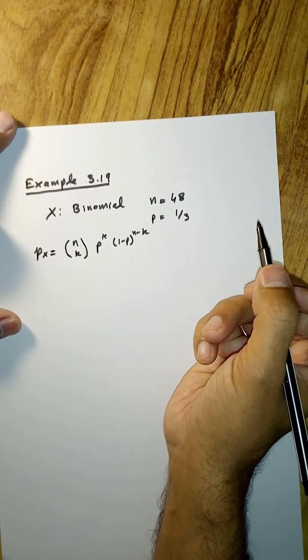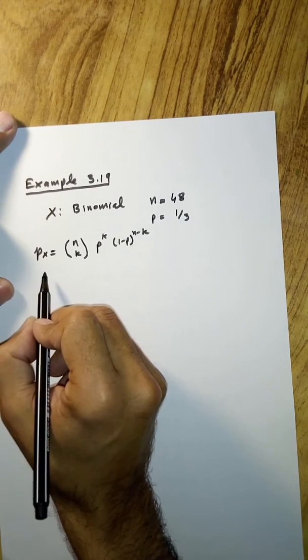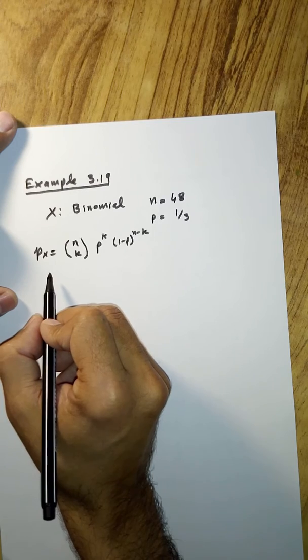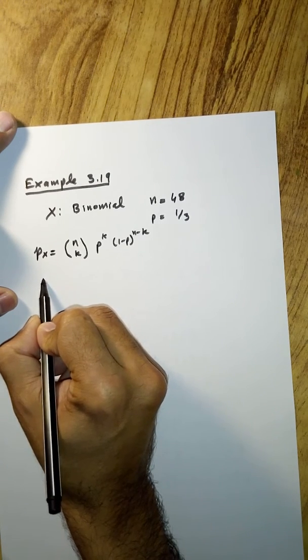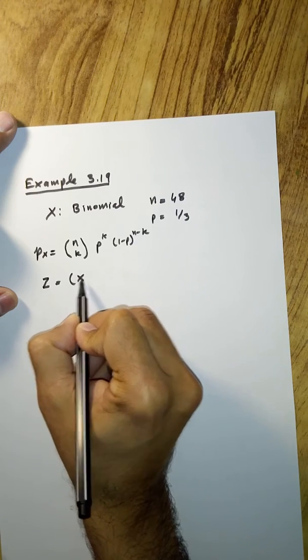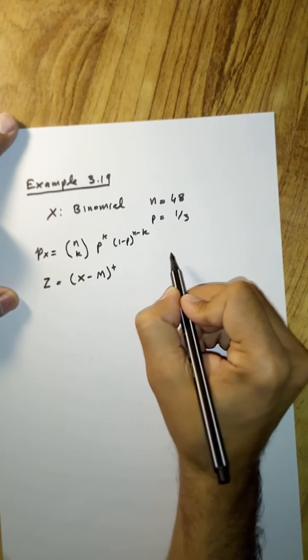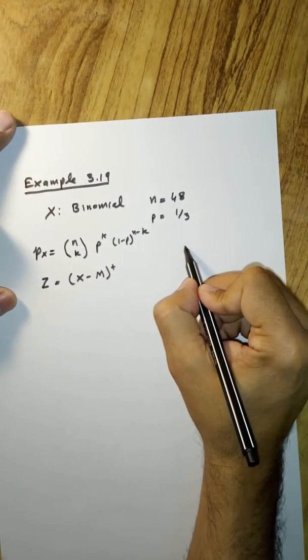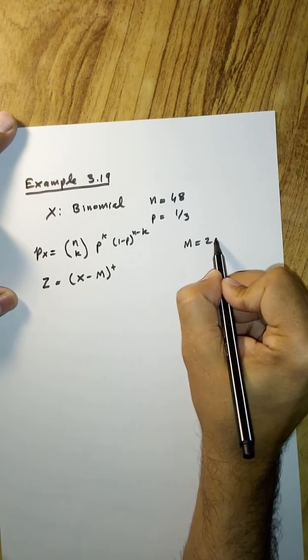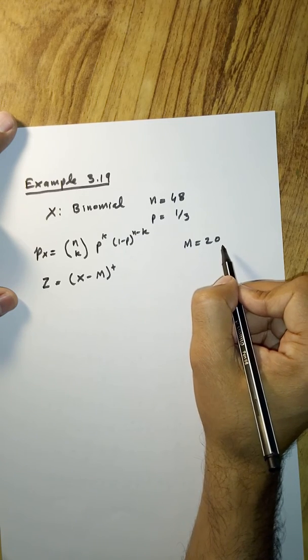So if we know the PMF of x, we have to find the expected value of z, which is given as (x minus m) plus, where m is equal to 20. So if more than 20 speakers are speaking, there will be a drop of packet.